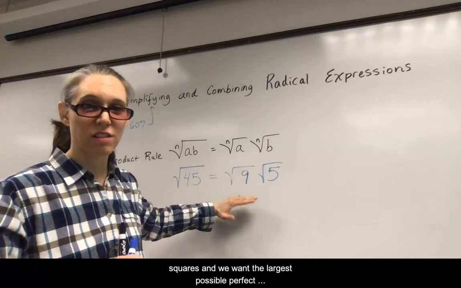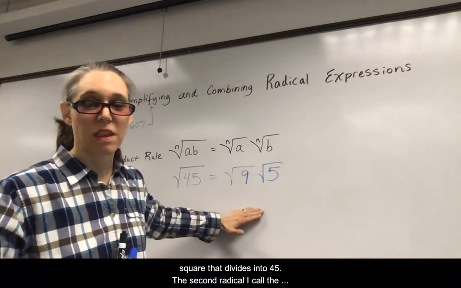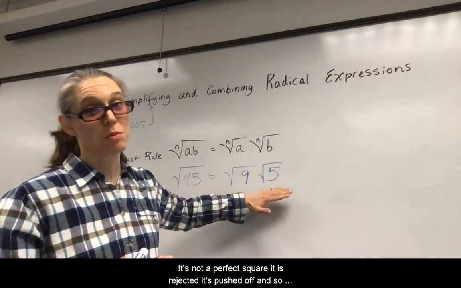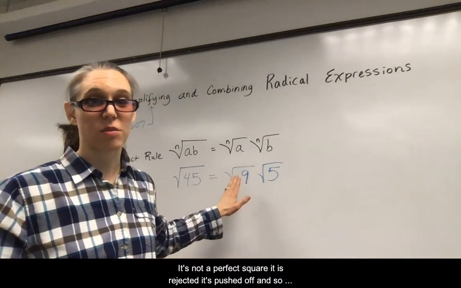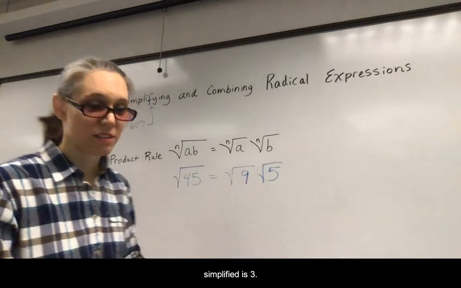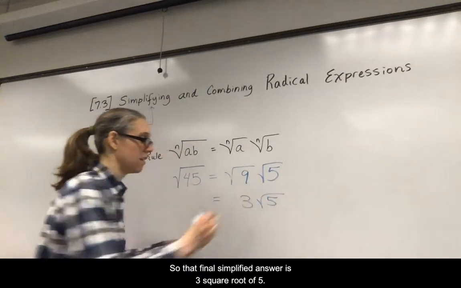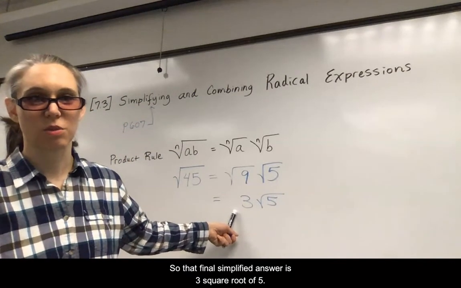And we want the largest possible perfect square that divides into 45. The second radical I call the reject house. 5 is not a perfect square. It is rejected. It's pushed off. And so here I have the square root of 9 times the square root of 5. And of course, the square root of 9 simplifies. So the final simplified answer is 3 square root of 5.